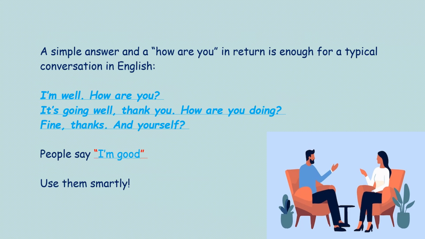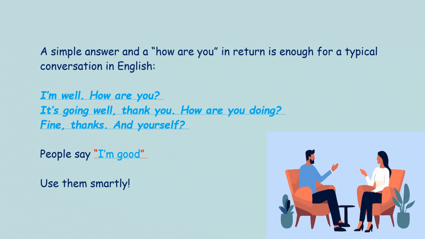At last, I would like to give you a tip. You might have often heard people say, I'm good, when they mean that they are well and doing well. I'm good is grammatically incorrect in this context, but it is very common in spoken English.